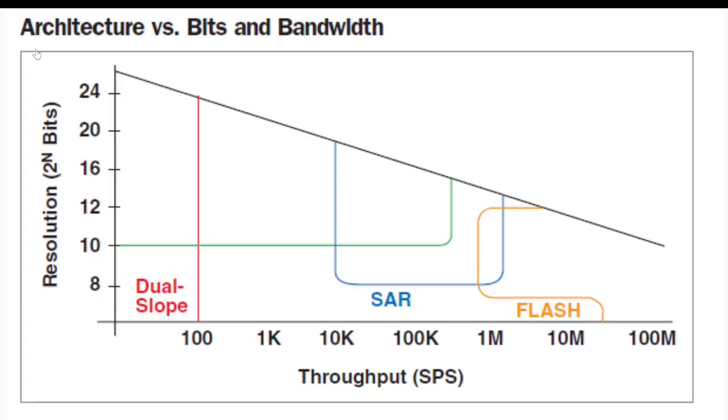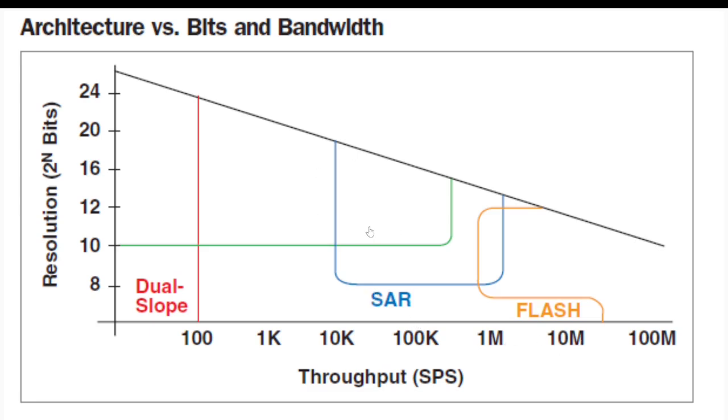So this is a very good graph which I found relating to the ADC architecture versus bits and bandwidth. As you can see here, this is the sampling per second rate. When we talk about flash, we are talking about this particular range, 1 to 10 megabits per second.